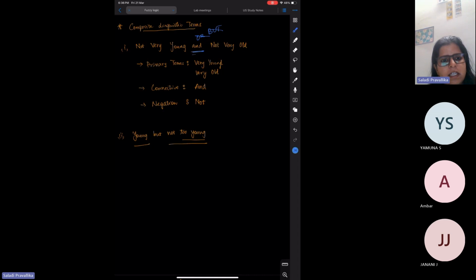Depending on the sentence, you use "and," "or," or "but," and those are all your connective words. Then there is negation. The negation word in this sentence is "not." So we have not, very young, very old, and and. So we have all the different groups.